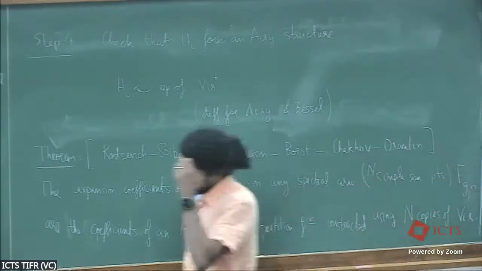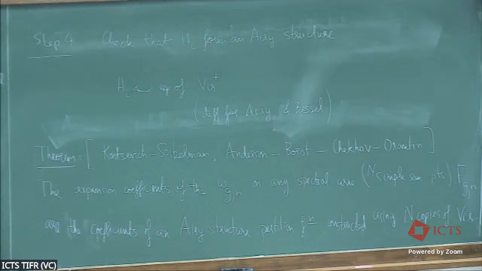Okay, let me draw a picture. There's a nice relationship between the geometry of the spectral curve and these Virasoro representations happening here. Your spectral curve, I'm assuming, has simple ramification points, and you should think of it as having, around every simple ramification point, a copy of the Virasoro algebra.